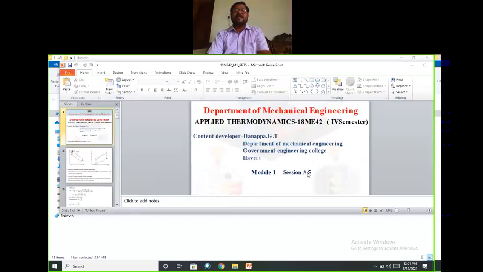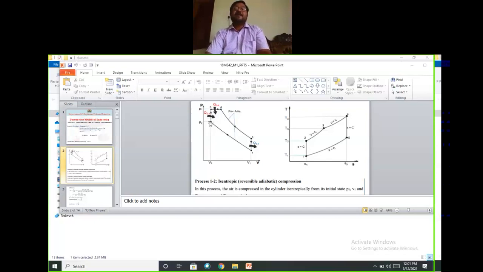In this session, some of the important things: you will be given a problem, and in the problems, you may find a twist. For example, 1/3 of the total heat supply is in constant volume, and the remaining is constant pressure. Or 50% of the heat is supplied at constant volume and 50% at constant pressure, meaning the total heat supply is given, and you divide it by 2 to get 50%, 50%. Otherwise, 0.3 of the total heat supply is at constant volume, and the remaining is at constant pressure. Like that, they divide the heat supply in dual cycle problems. You must be very, very careful. And then heat rejection.